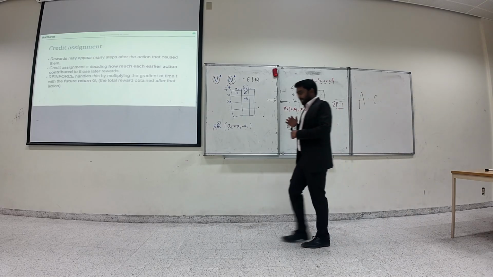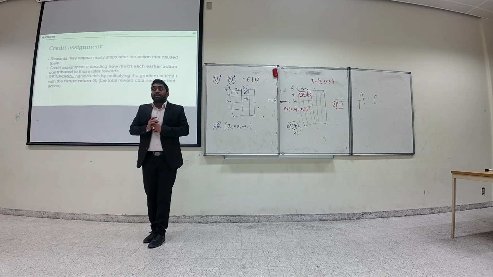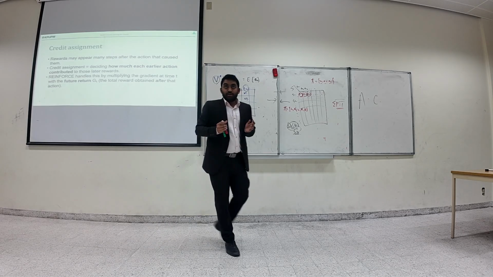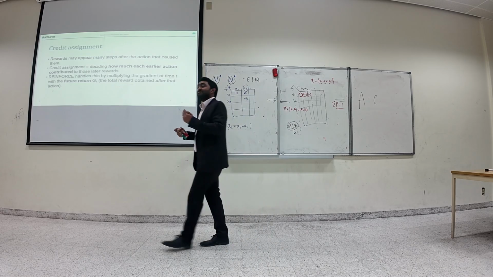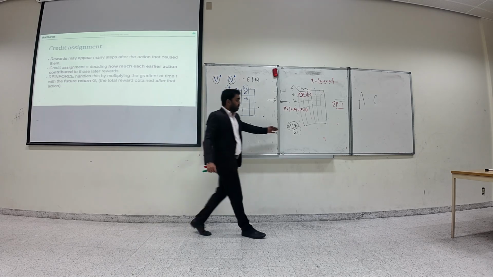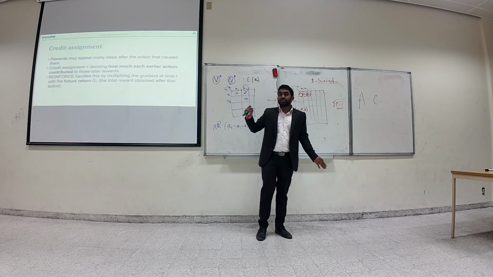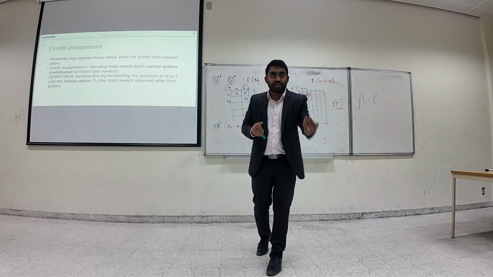Now comes an interesting concept of credit assignment. What do you mean by credit assignment? The thing in policy gradient is you are waiting for the entire episode to get the feedback on that action.